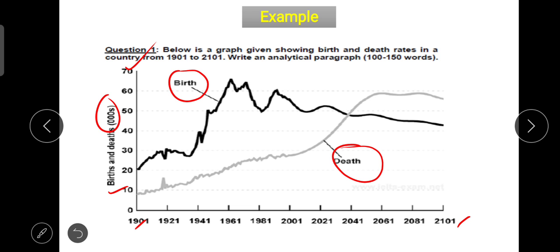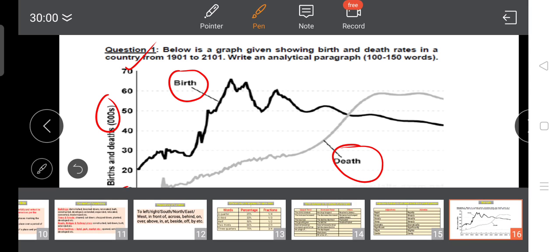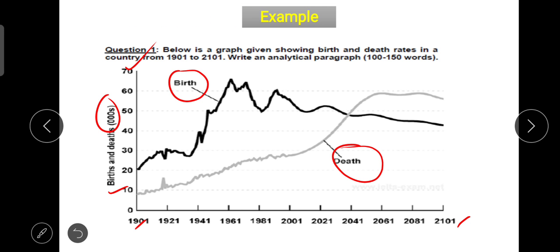So let's see. In 1901, to start with, death rate is around 9 to 10,000. It is a little below 10, so we can say around 9,000. And birth rate is 20,000. So this is the difference.